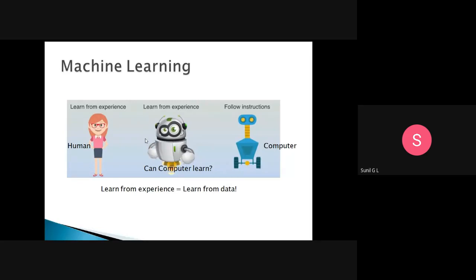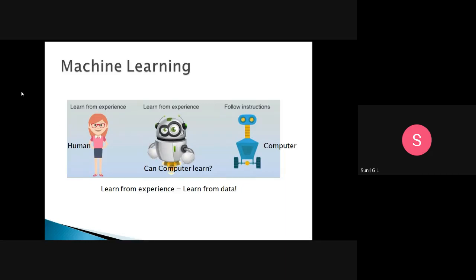That experience is nothing but data. From past data, the machine will learn and gain knowledge. From that knowledge, when I give new things, it will automatically identify them. That we call machine learning.